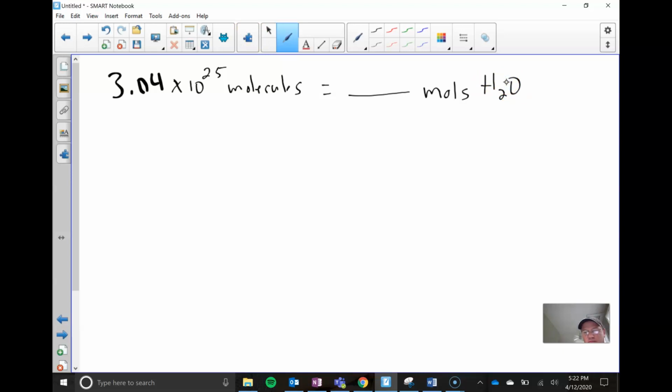Okay, now first things first, notice that I used the formula unit molecule and my covalent compound of water.